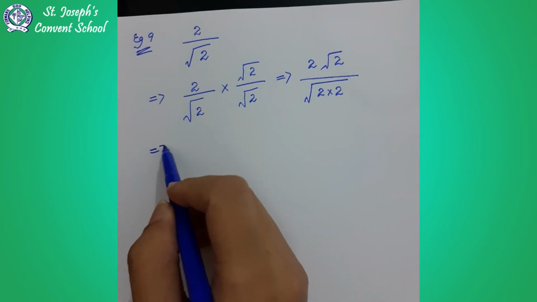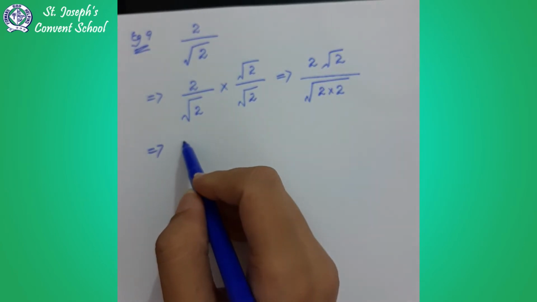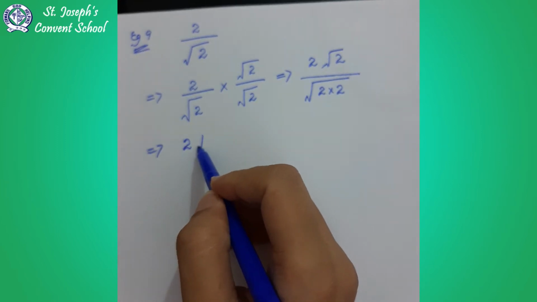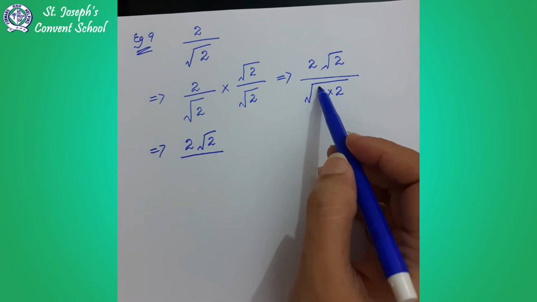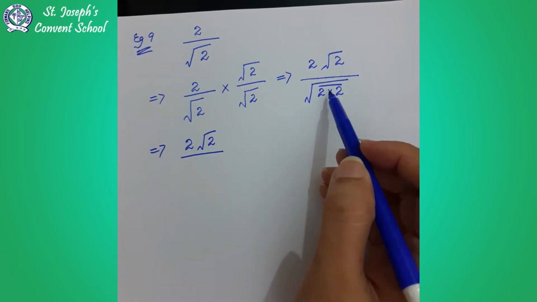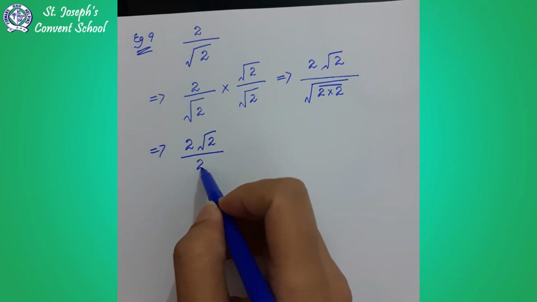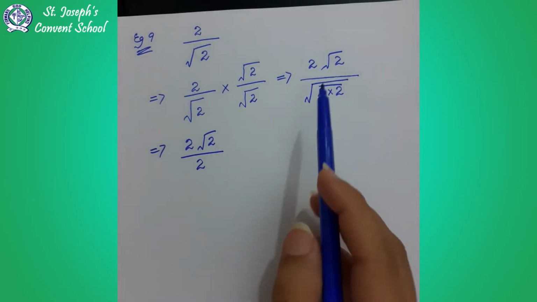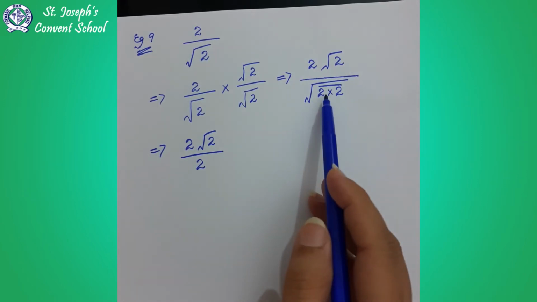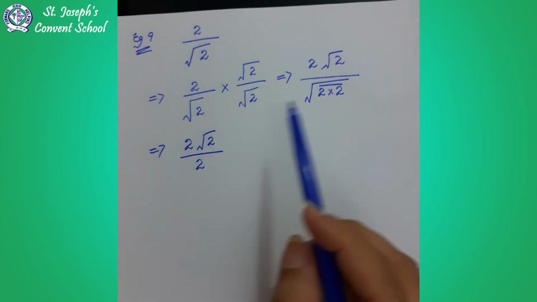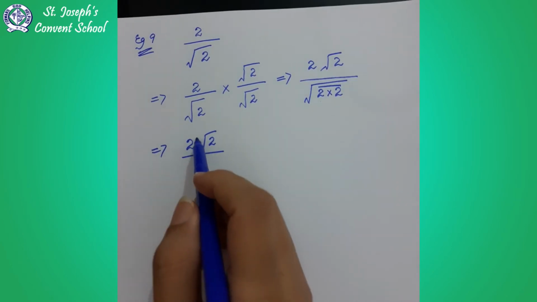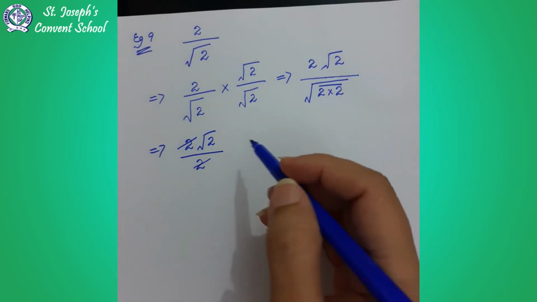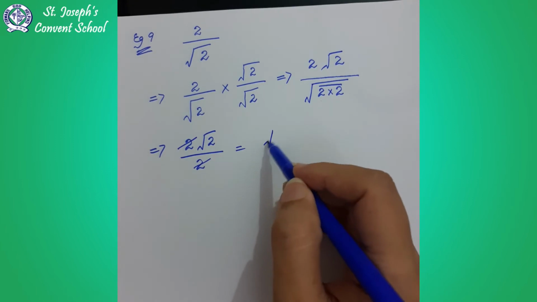Now the numerator will remain same, 2 under root 2, and the denominator, this is a pair, so pair you write once without root. Clear? We have written this pair once without root. Now you can cancel 2 and 2, so answer is under root 2.